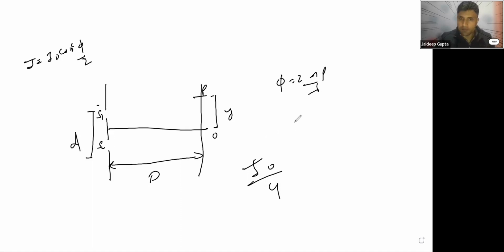And what is beta? Beta equals lambda D by d. Further, what is y? Y is 1/3 of beta, so y equals 1/3 lambda D over d.